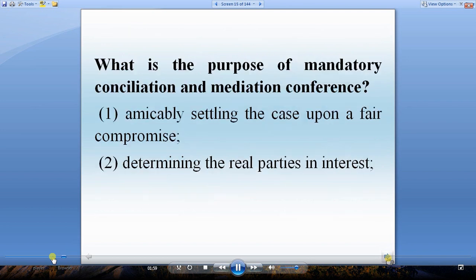Why is there a need or a purpose of mandatory conciliation and mediation conference? Activate your photographic memory. We have amicably settling the case upon a fair compromise, determining real parties in interest. Done with photographic memory, we now proceed.